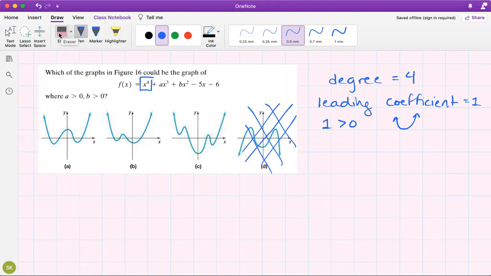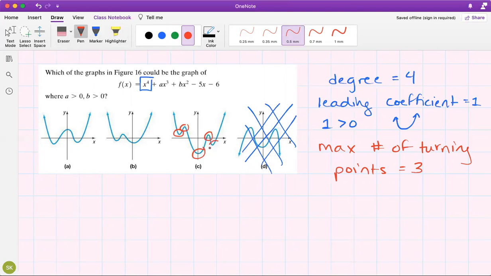Okay, what else can we tell? Well, we can count the number of turning points. This has a degree 4, which means the max number of turning points is 3, 1 less than the degree. Well, let's see, this one has 1, 2, 3, 4, 5.